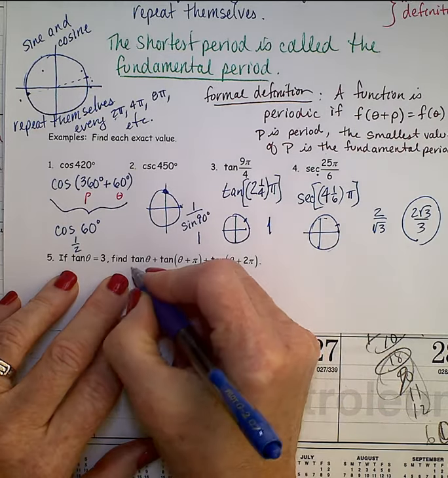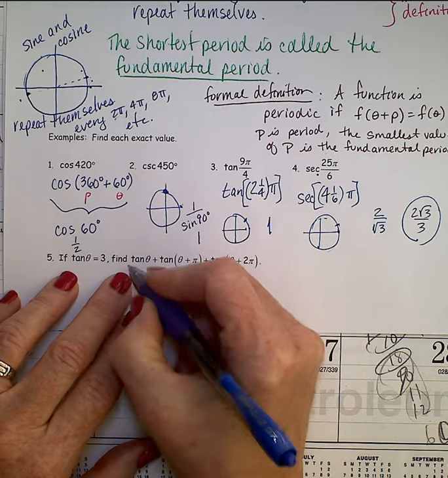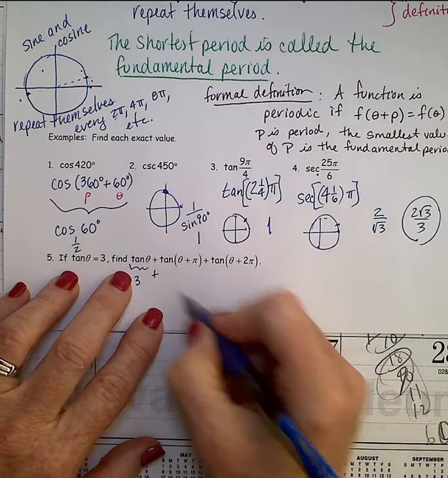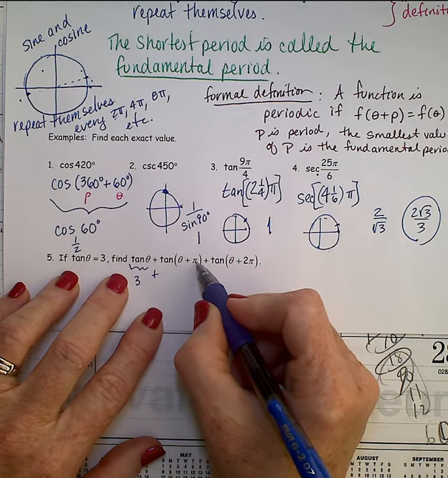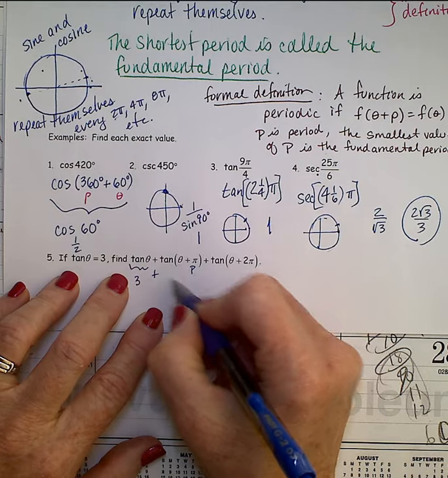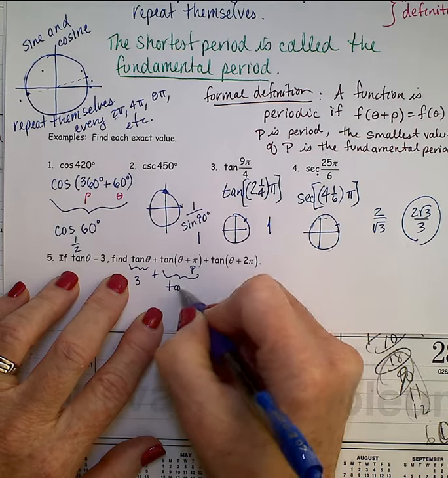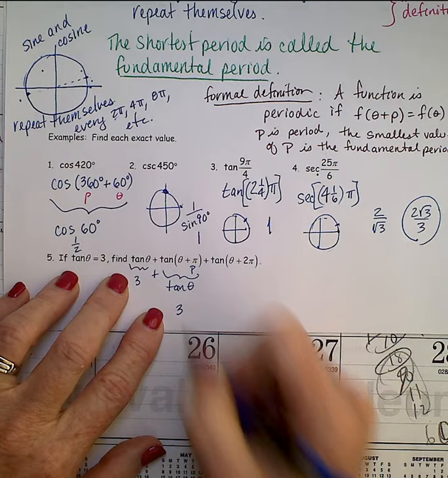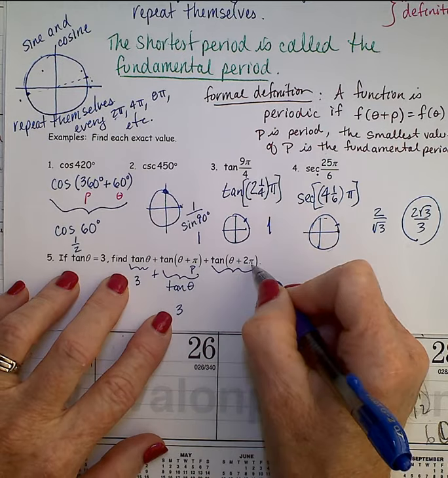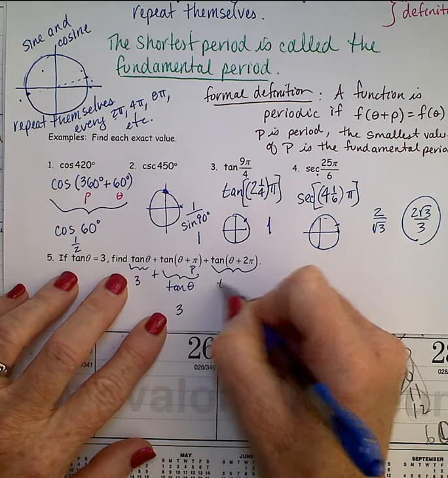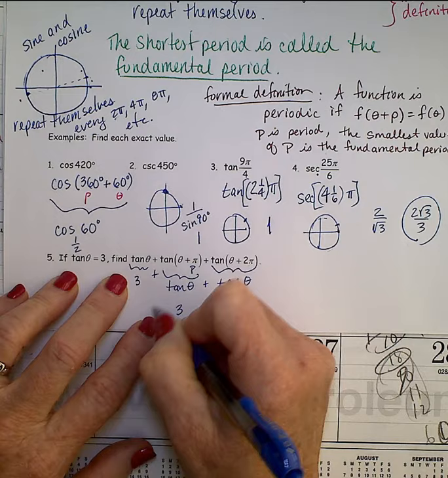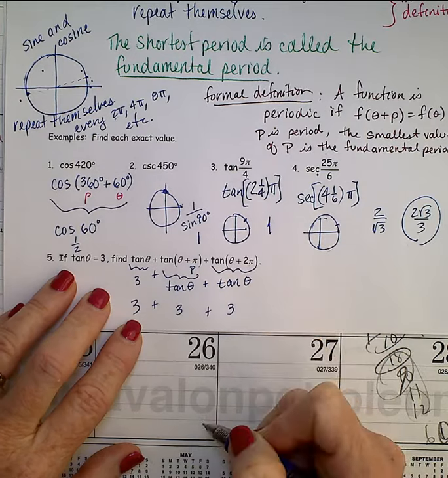I know the tangent of theta is 3, plus this one's the angle plus the period, which is the same thing as tangent theta. That's a 3. This one, you're adding on 2 of those fundamental periods. That's also tangent theta, which is also a 3. So we end up with 9.